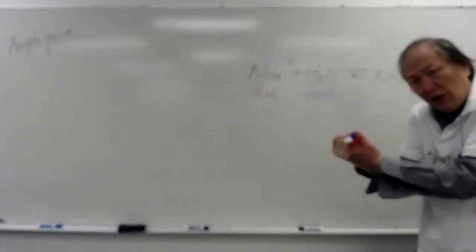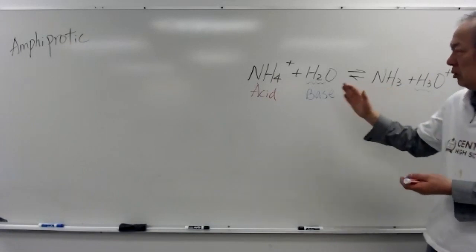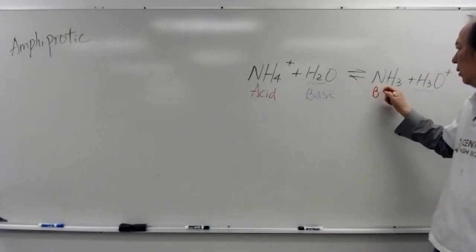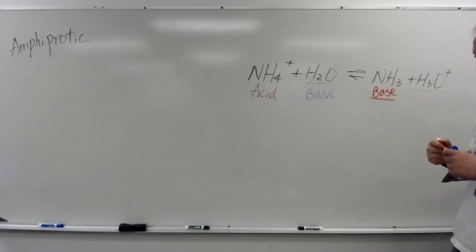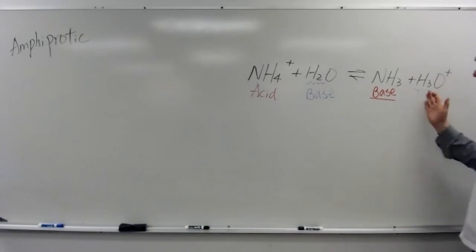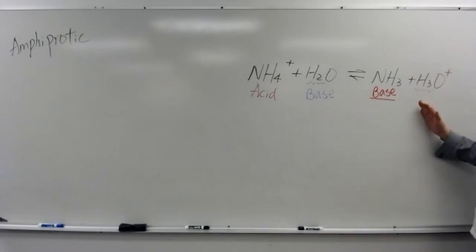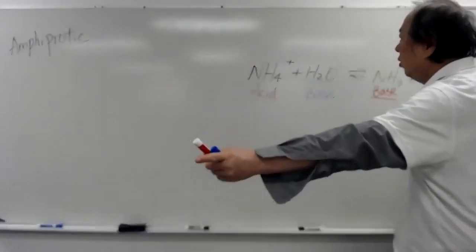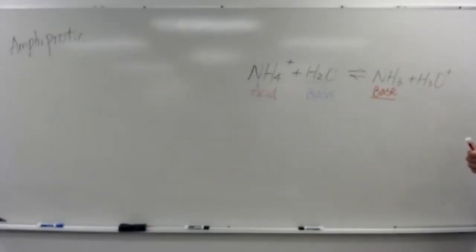You receive 1 H. So from the right to the left, you are the base. From the right to the left, H3O plus gives away 1 H plus. So this one is the acid.